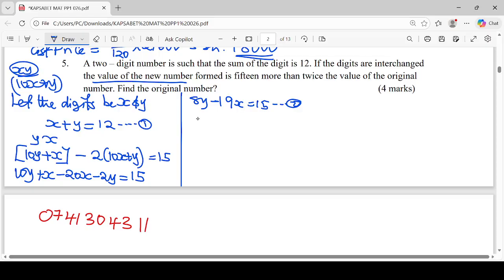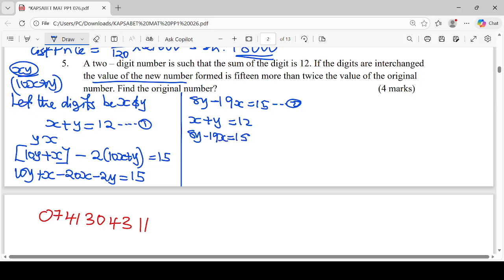Now we have the first equation, x plus y is equal to 12. In the second equation we have 8y minus 19x being equal to 15.